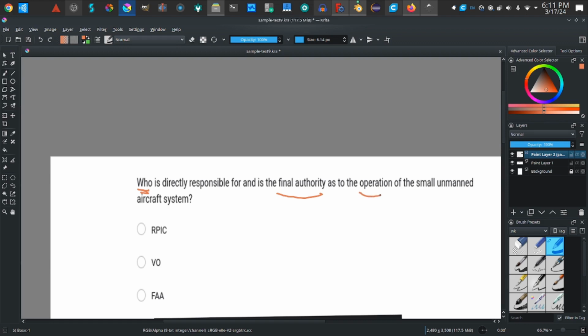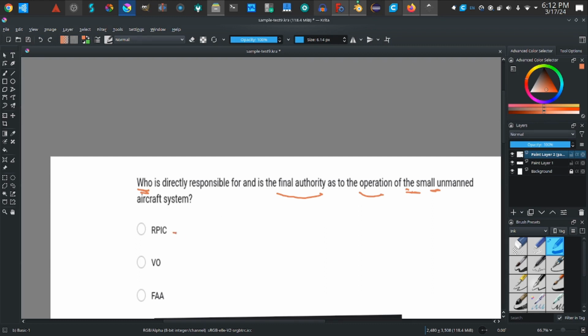Who's the big chief? Who's the big boss? As to the operation of the small unmanned aircraft system, who's responsible?